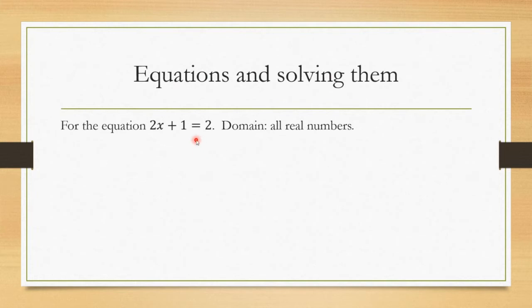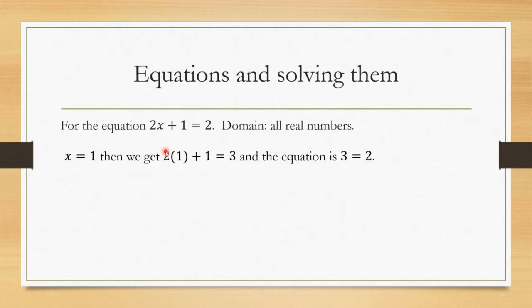Well, let's see what happens if we start putting numbers in for x. If I replace x with 1, what's going to happen? We get 2 times 1 plus 1 on the left side, and that is equal to 3. So in this case, the equation would be 3 equals 2.